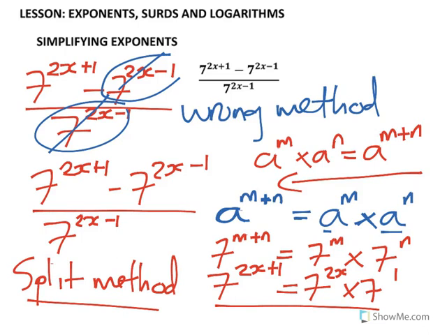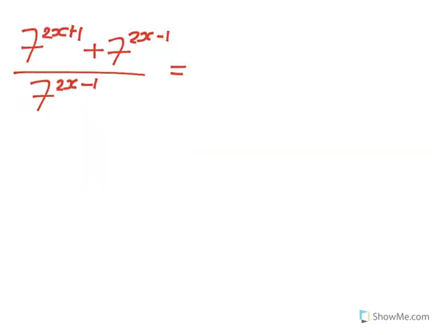Now, using this all together, I'm going to rewrite this question and solve it completely. So now when they give you that, using that split method we did, this means on top you'll have 7 to the power 2x times 7.